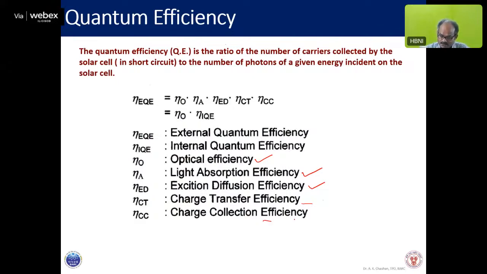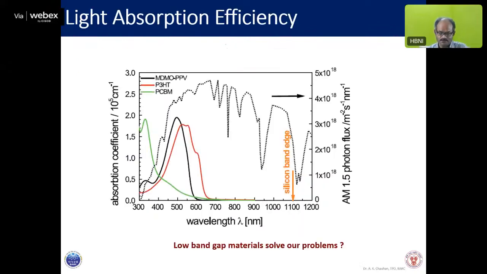Last is the charge collection efficiency. All these are less than 1, actually very much less than 1 in these kinds of solar cells. So you keep multiplying all those things, and then you get the efficiency.